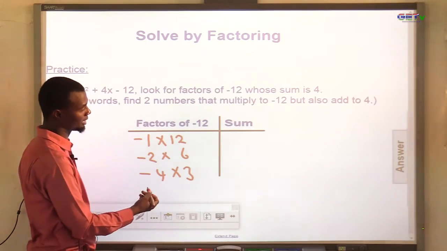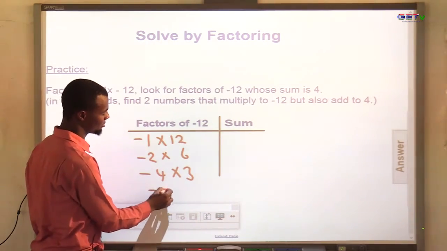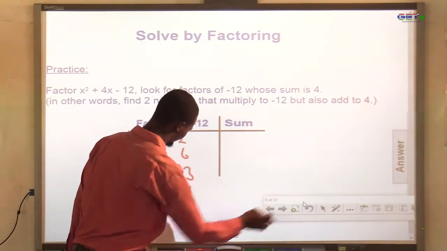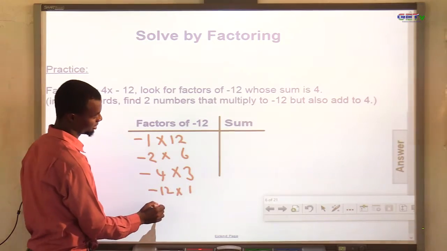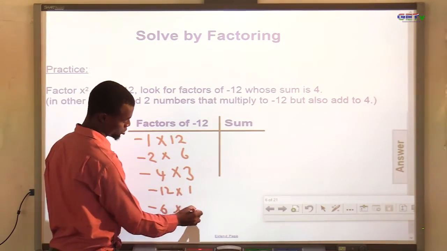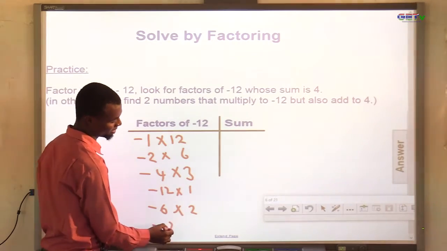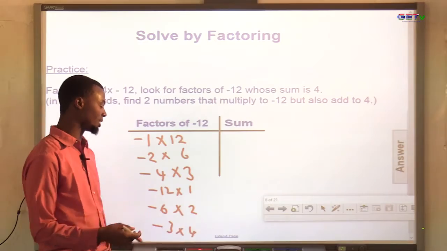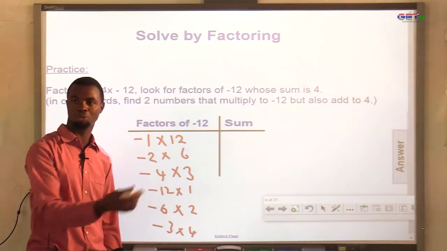It will also give you negative 12, like negative 12 and 1. And you have negative 6 and 2. You also can have negative 3 and 4. You just interchange the numbers. If you like, you leave the negative sign.